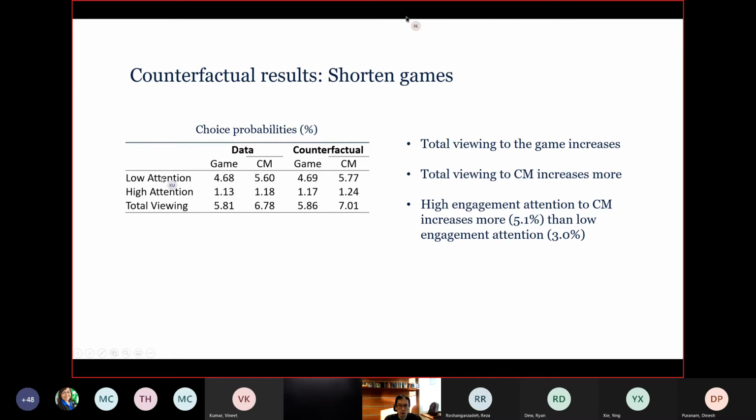And in terms of low attention and high attention, we find that high engagement attention to commercials increases more than the low-level engagement attention. So 1.18 to 1.24 is bigger in percentage terms than the 5.60 to 5.77.